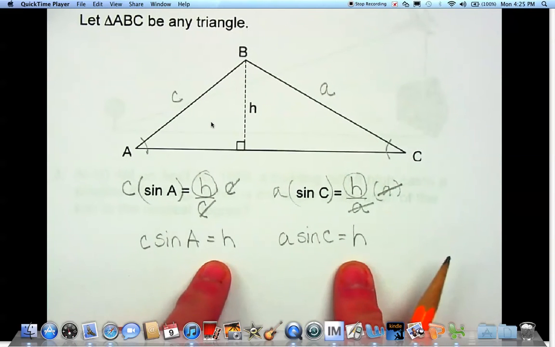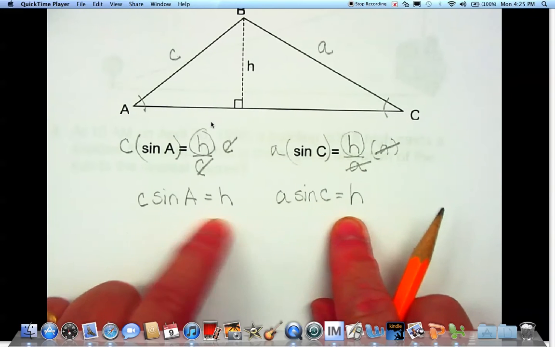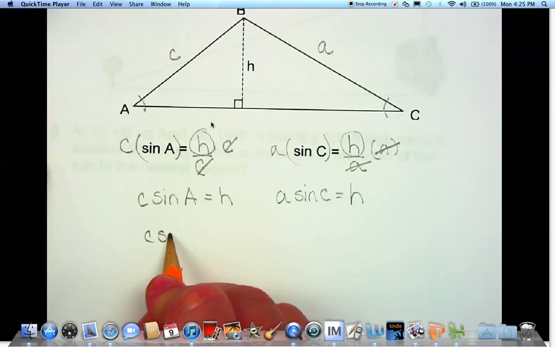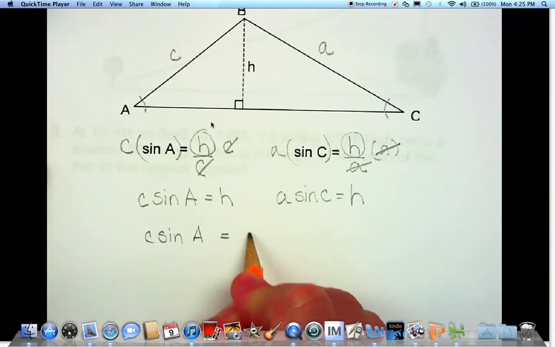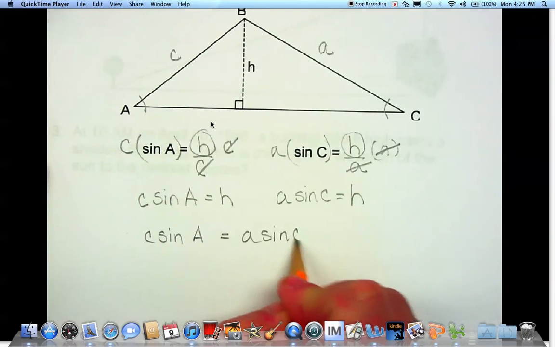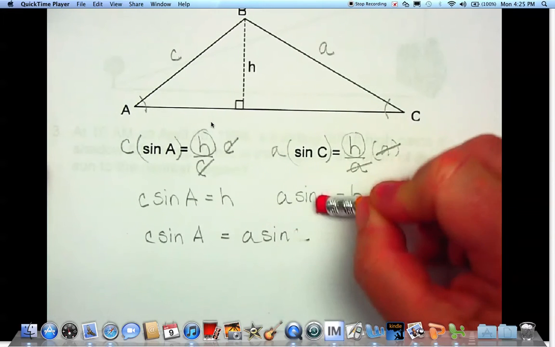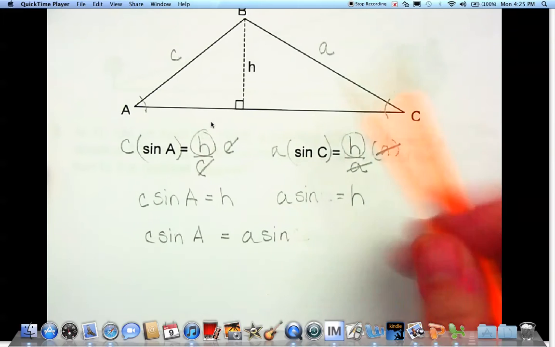Now they're both equal to h, which means we can set them equal to each other. So we have c sine of A equals a sine of C. This should be a big C though, because we're talking about the angle C.